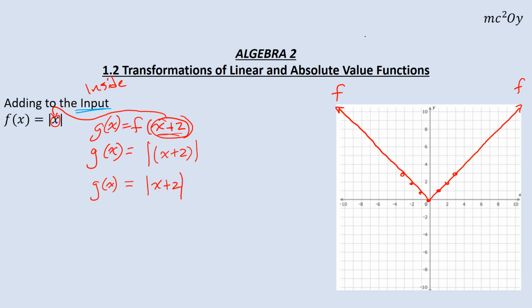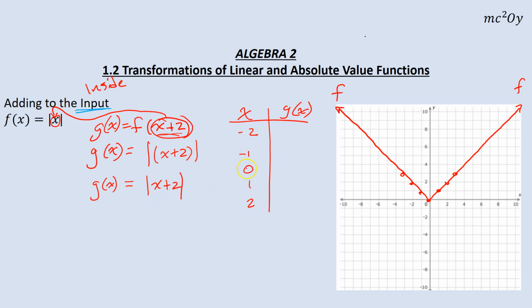Okay, and it's a little harder to see this one in a table, but if I was to build a table for it, I can say, well, I have our inputs of x, where I had 0. Let's focus on those same inputs.